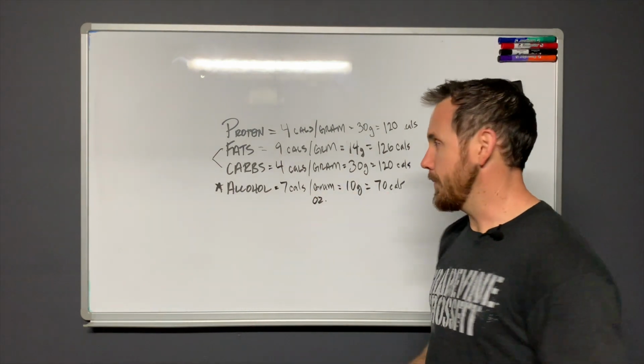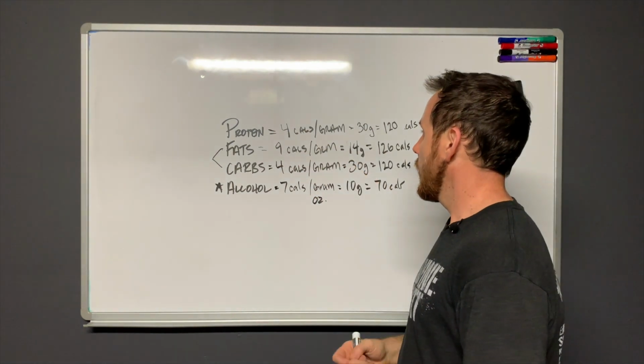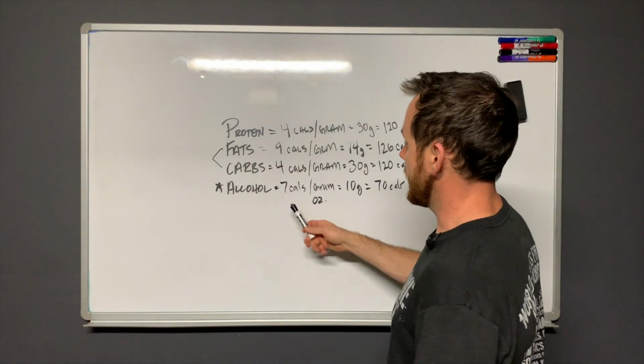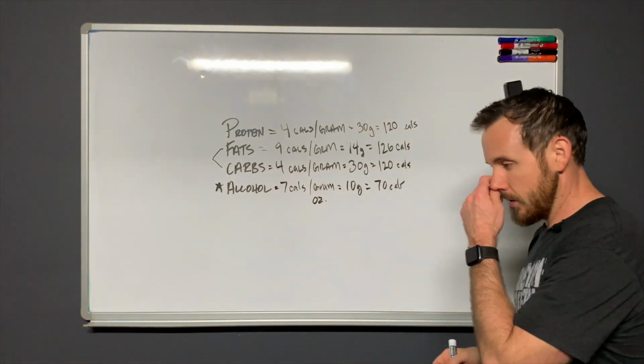That's a whole other topic down the road. I just want you to know that when we start counting, your main purpose in counting calories is to see these numbers as you see them.